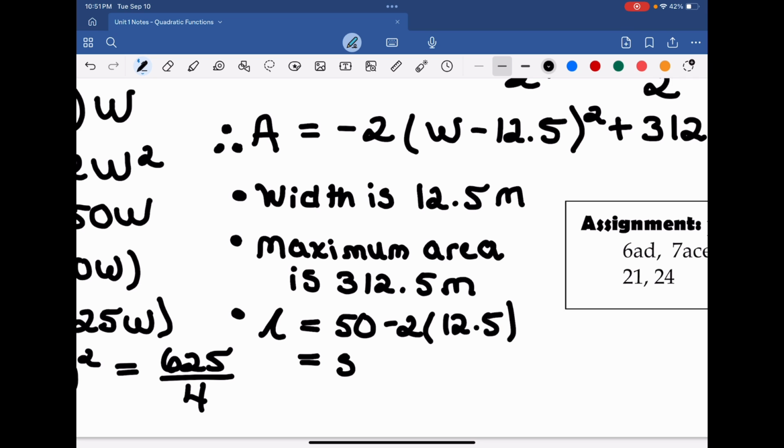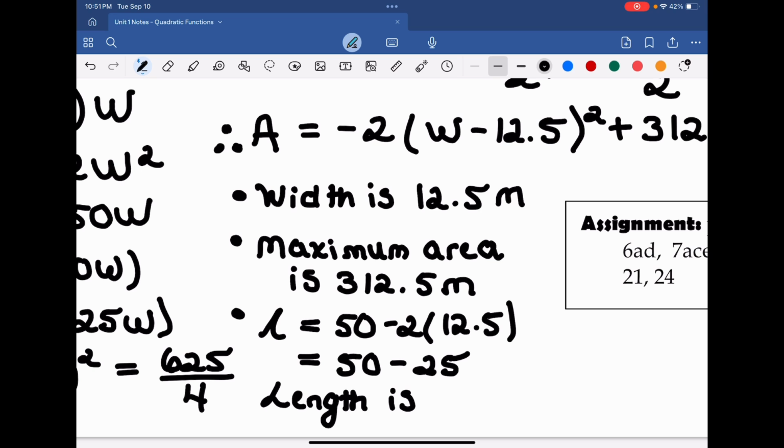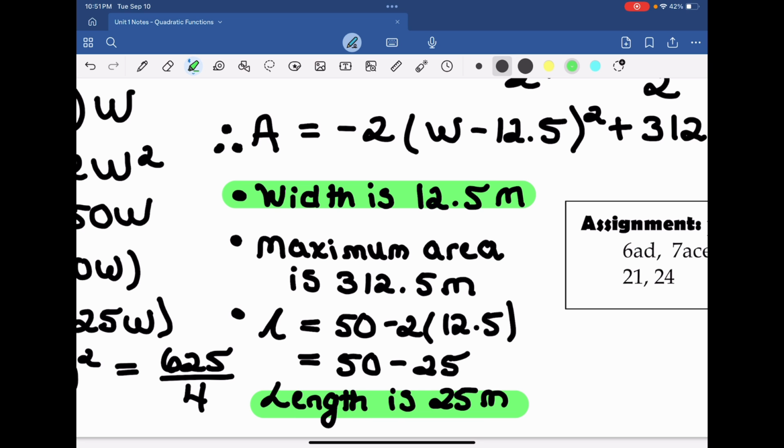This is the same as saying 50 minus 25, which is the same as saying the length is 25 meters. There we go. So these are the dimensions. The width is 12.5, the length is 25, and the maximum possible area that can be generated is 312.5 meters.